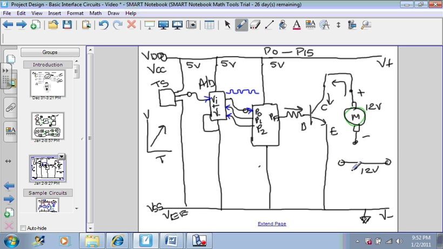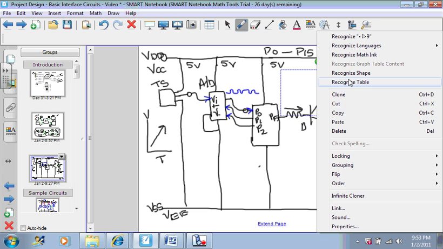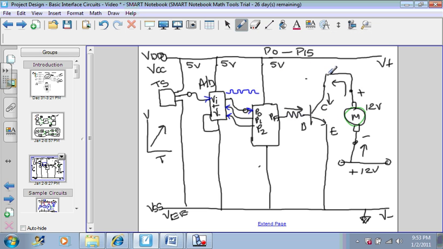So I'm going to create another power supply called 12 volts and connect my motor to it. So now my 12-volt power supply will provide current for the motor through the transistor and the transistor will be turned on and off by the microcontroller.